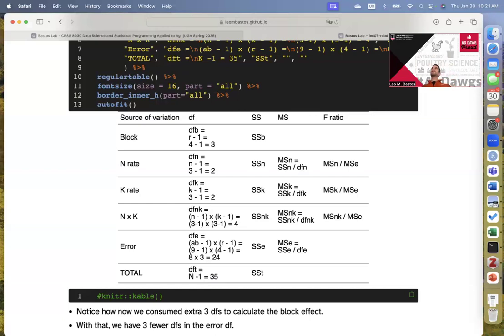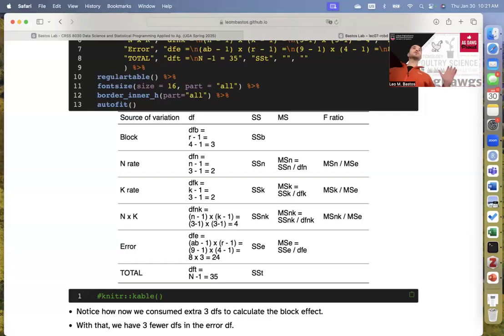Now, what if I ran an RCBD and then I go through my analysis and then my block effect is non-significant? That is telling you, you know what, for this field here, maybe you didn't need to block. Maybe you could have done a CRD.